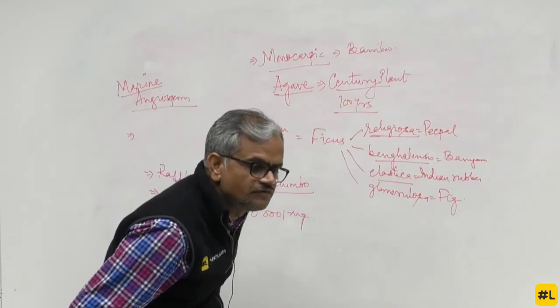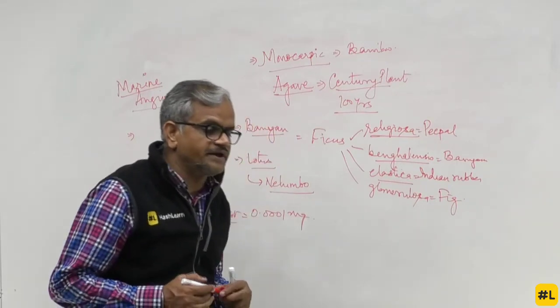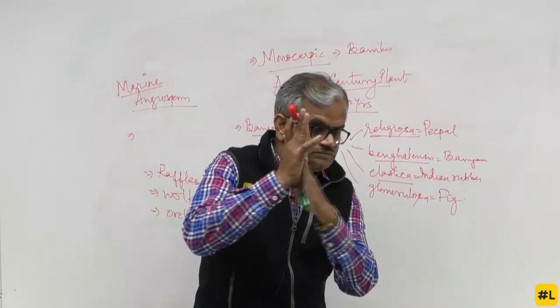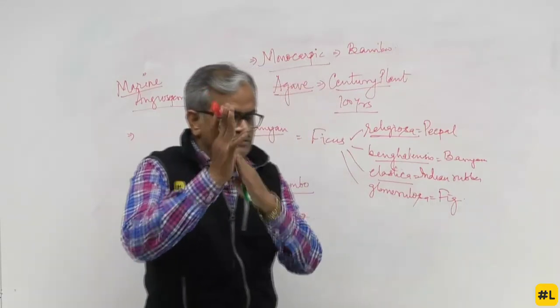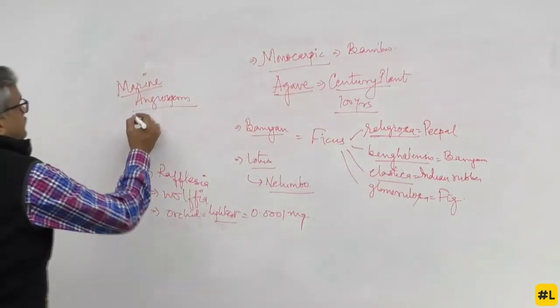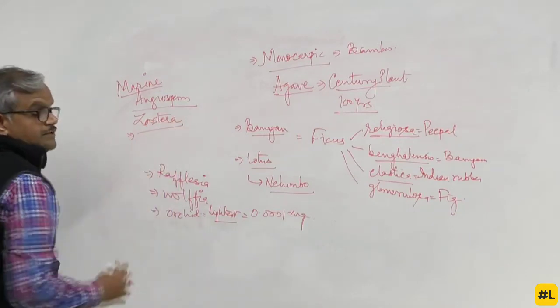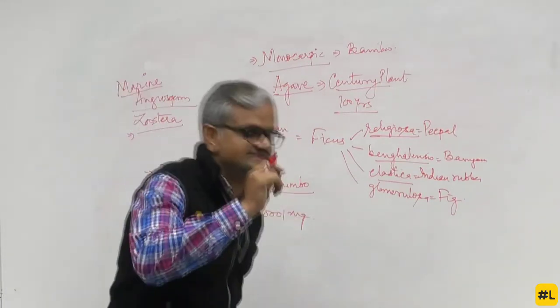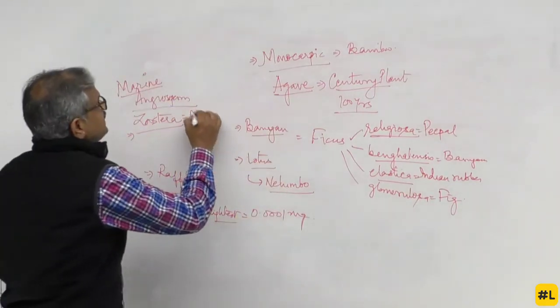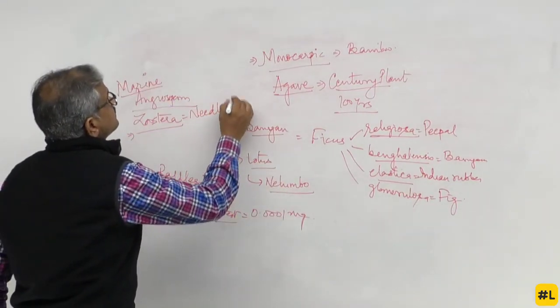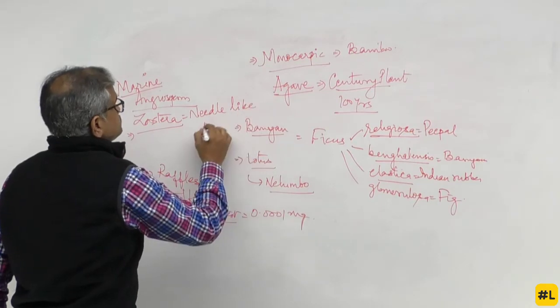Very good, very good. Too good, Smarnika. Good. Zostera, very good. Okay, you have given me one answer, I will add one more thing to it. Zostera has needle-like pollens.